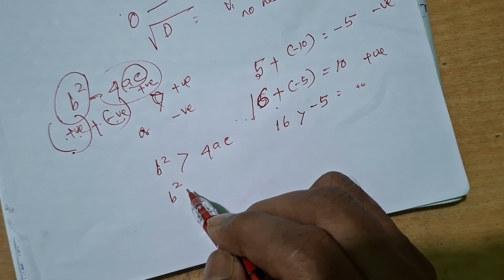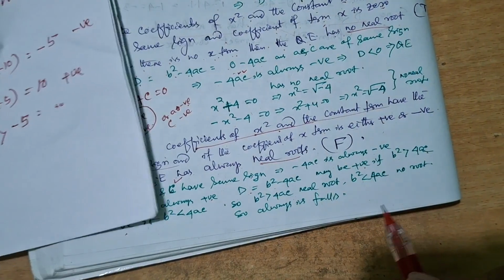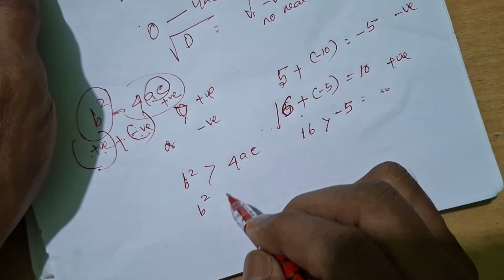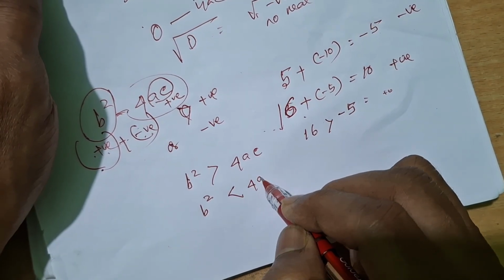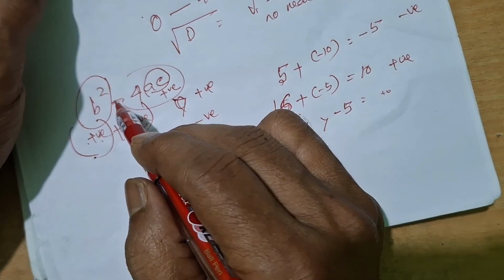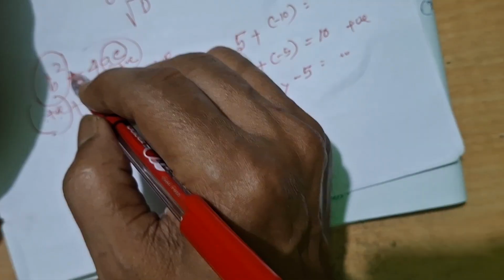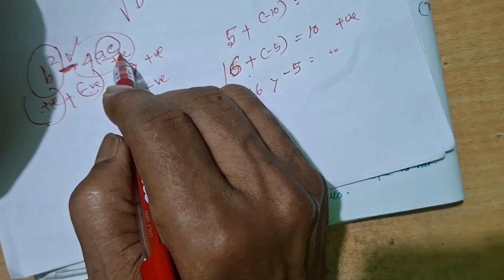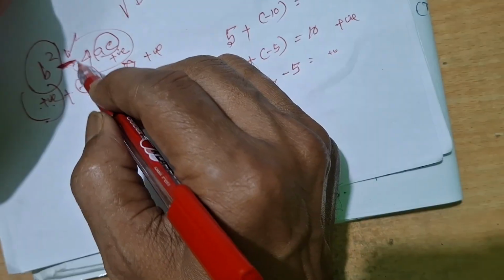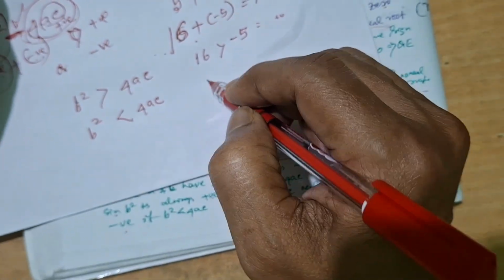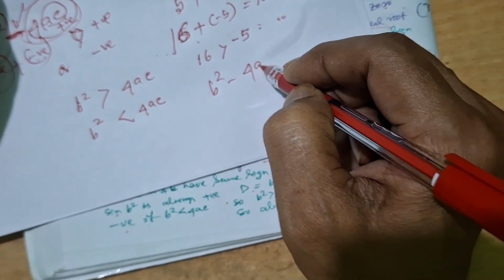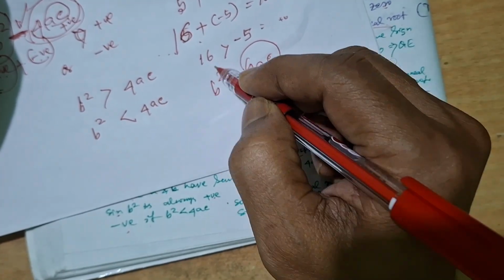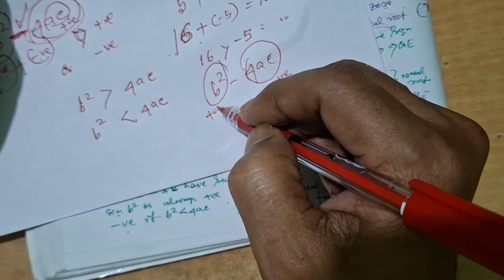When b square is less than 4ac, then b square minus 4ac overall is negative.